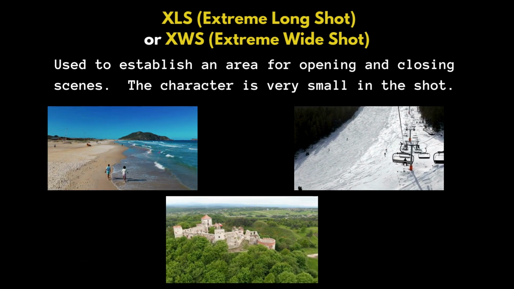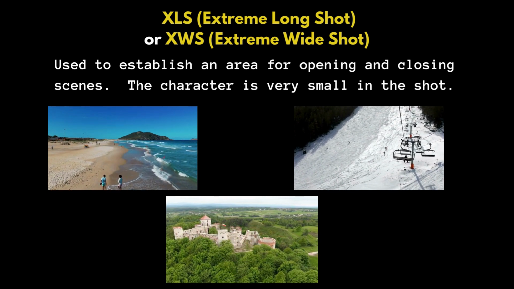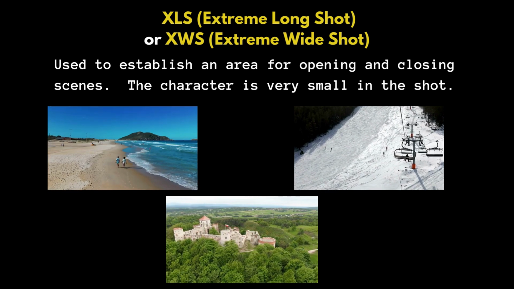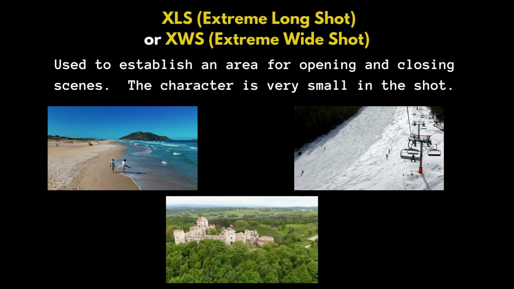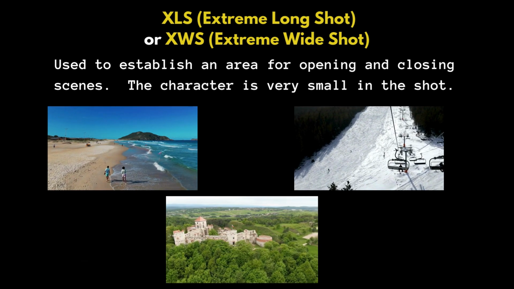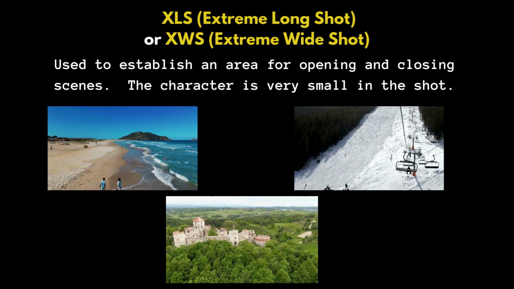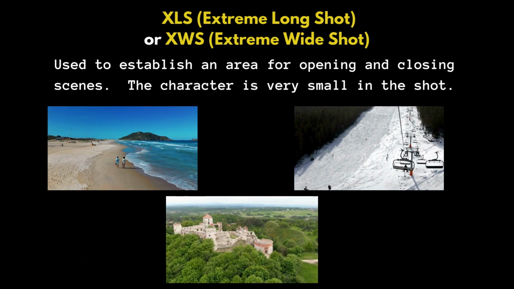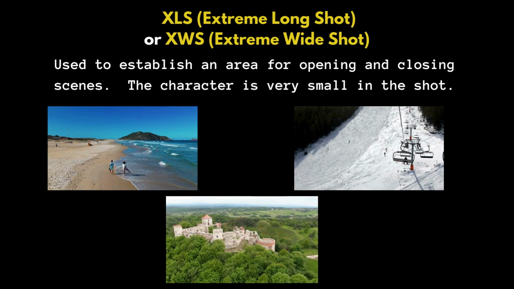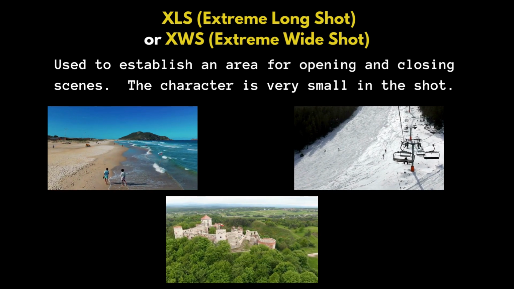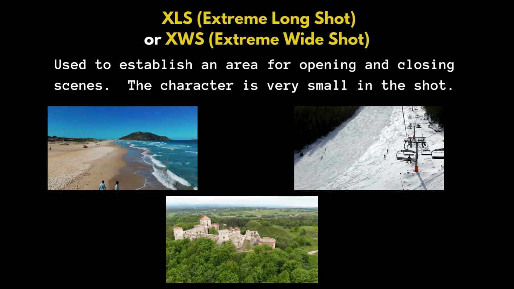Then the one on the right might be a scene with two people having a conversation on a ski lift. And in this scene, one of them might turn to the other and say, "You know what? I'm really afraid of heights." And it would be a good shot to cut to show the person's POV of how steep the hill is. So that's another way of using it.